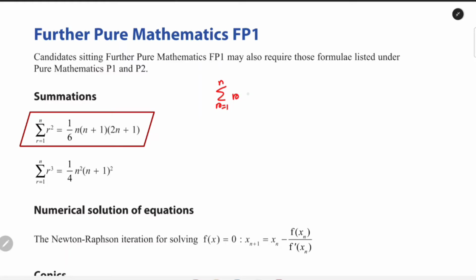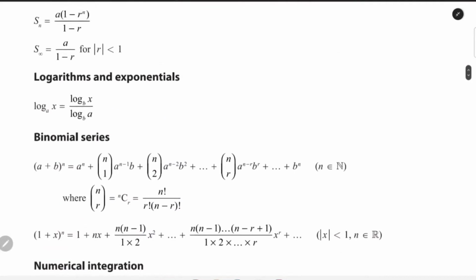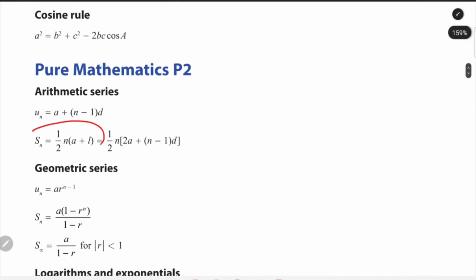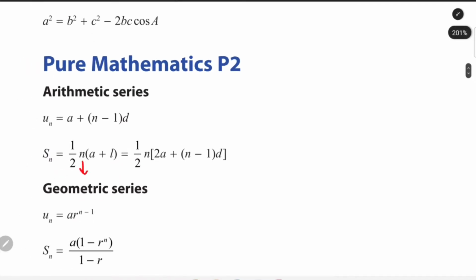The value of r is 1 for the first term, 2 for the second term, 3 for the third term, 4 for the fourth term, and so on. We know the summation of an arithmetic series is given in this section under P2, where n is the number of terms, a is the first term, and l is the last term.